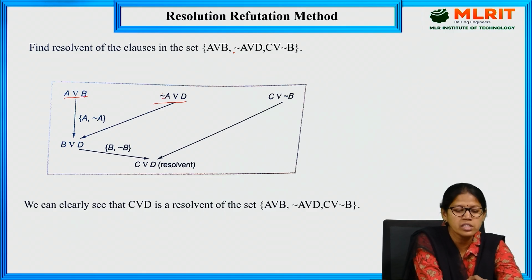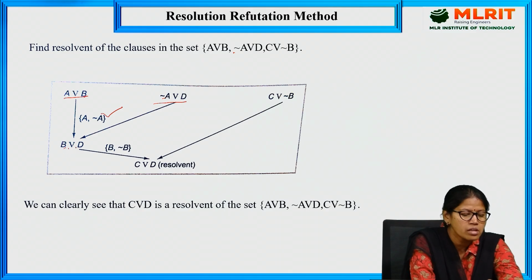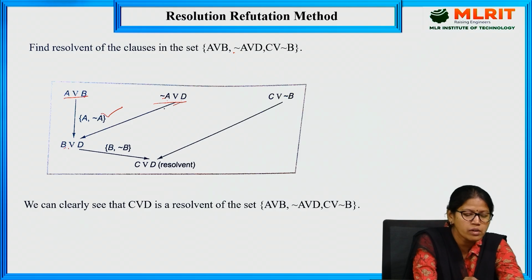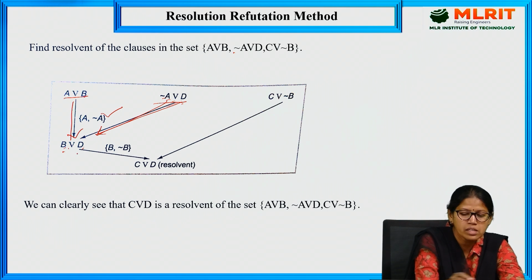A and negation A. We eliminate this pair, and then we get B or D. These two give us B or D. From 1 and 2, we got B or D.